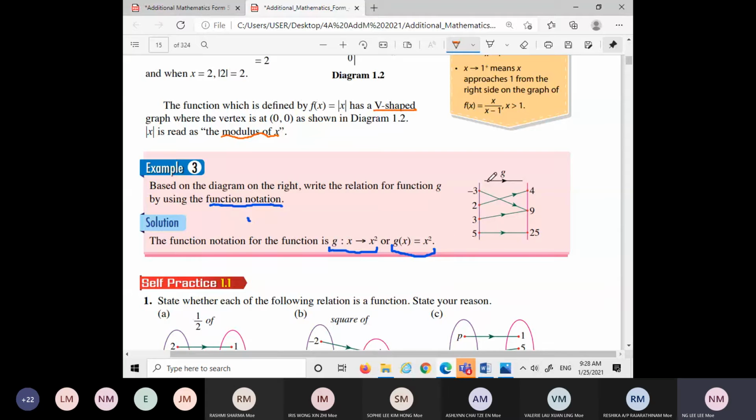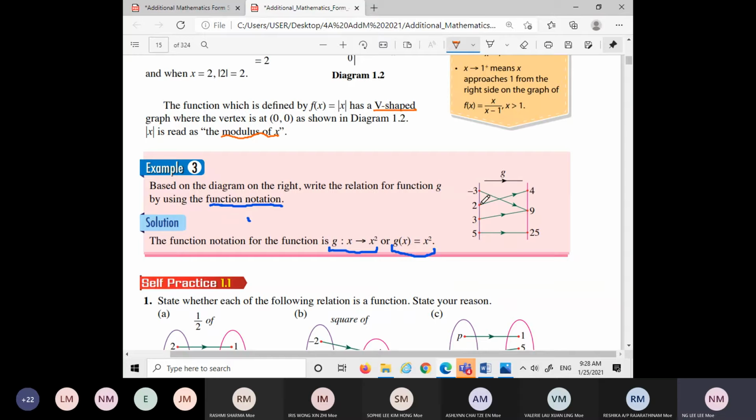How do I know it's x squared? Okay, we see one by one. -3 as object maps to 9 as image. So -3, what do you do to the -3 so that it will become 9? Then you see the second example.